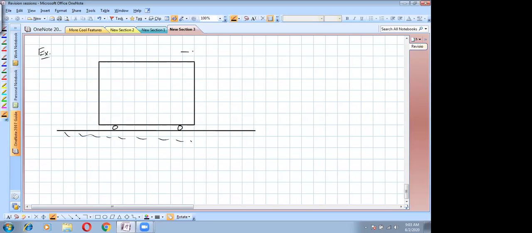What we are observing is that this is moving with some uniform horizontal acceleration, and g in our problem is 10 meters per second square.